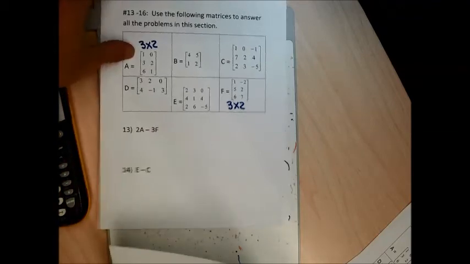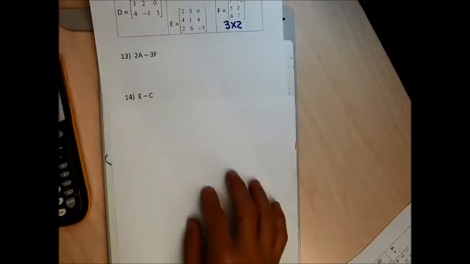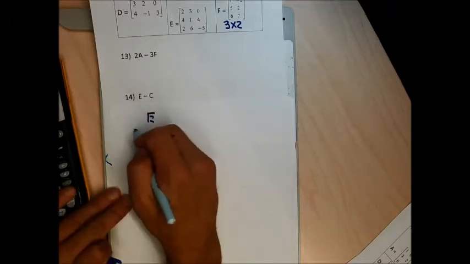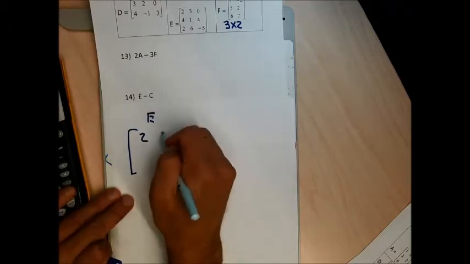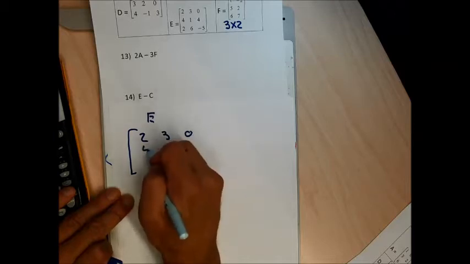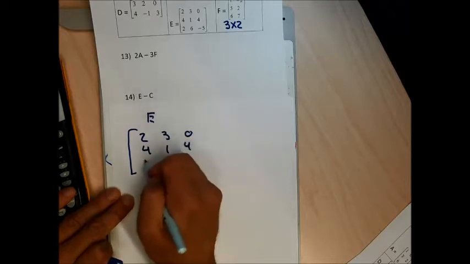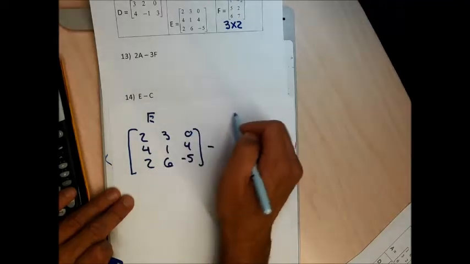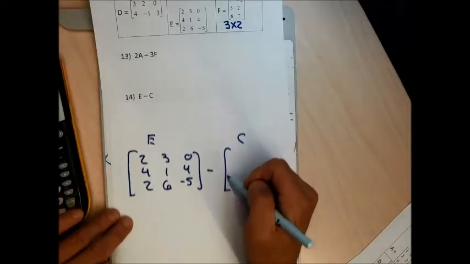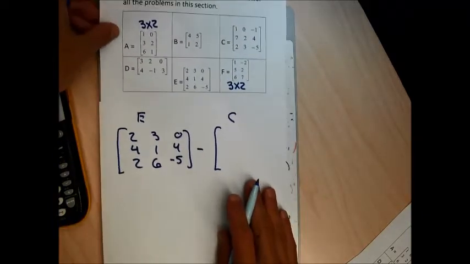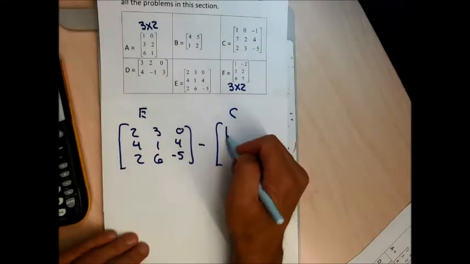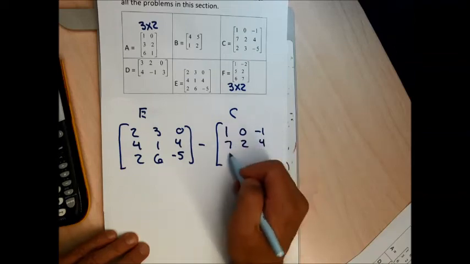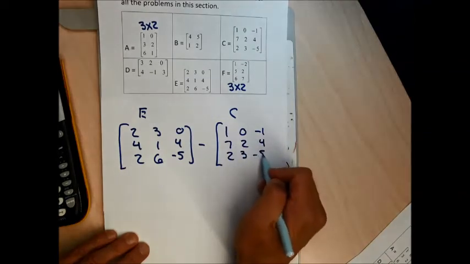14 wants me to do E minus C. So to do E minus C, E is 2, 3, 0, 4, 1, 4, 2, 6, negative 5, and then minus C. C is 1, 0, negative 1, 7, 2, 4, 2, 3, negative 5.